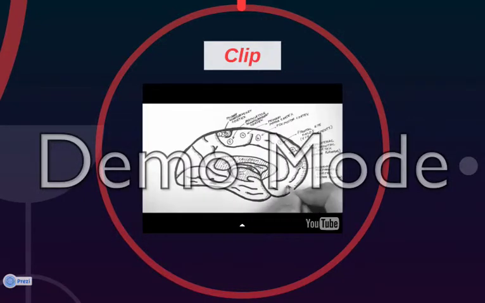Inferiorly, we have the orbitofrontal area. This is Brodmann area 11. And this is thought to be involved in planning and decision making.